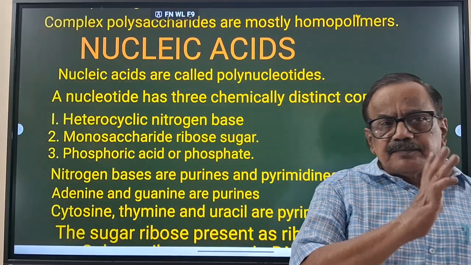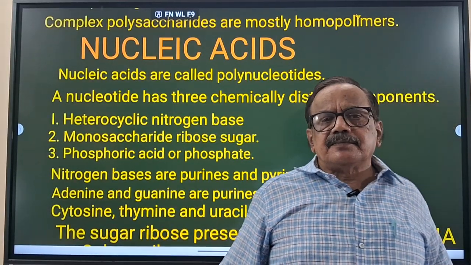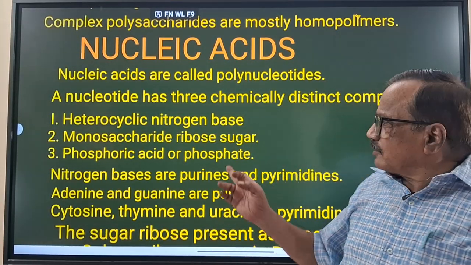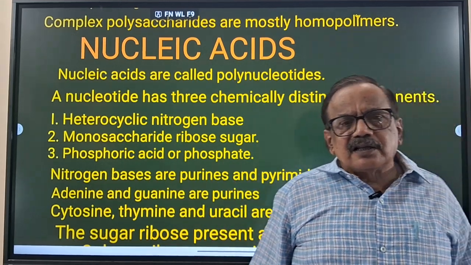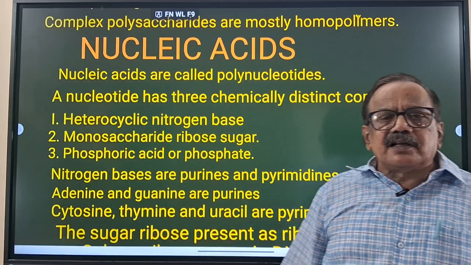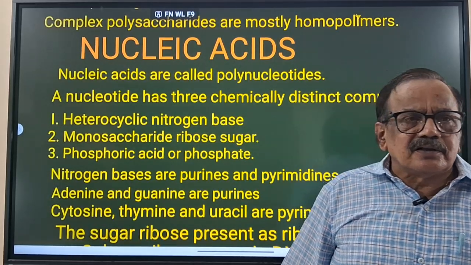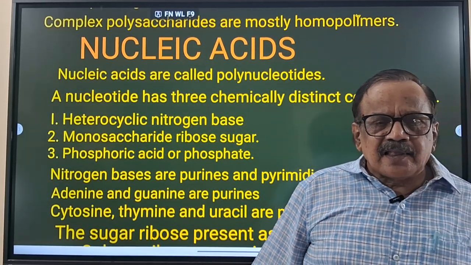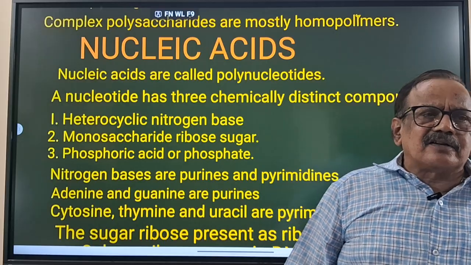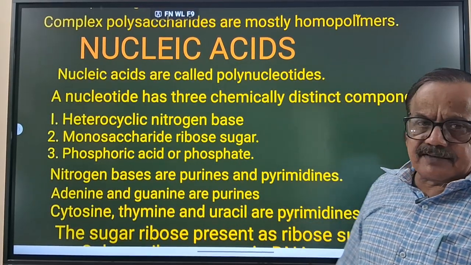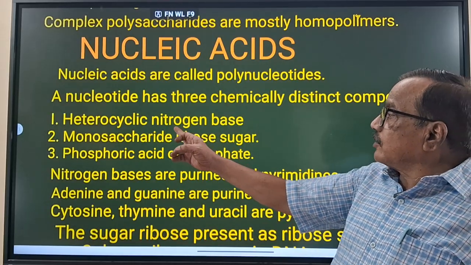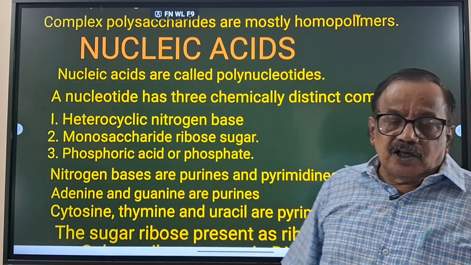Either phosphoric acid or phosphate may be present, because both can easily convert to one another, and students get confused. In some places in DNA it says phosphoric acid, some places phosphate. That is easily convertible.